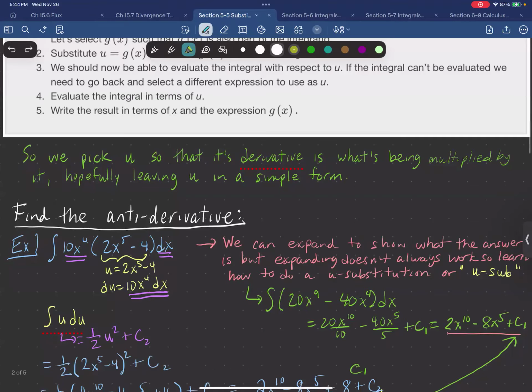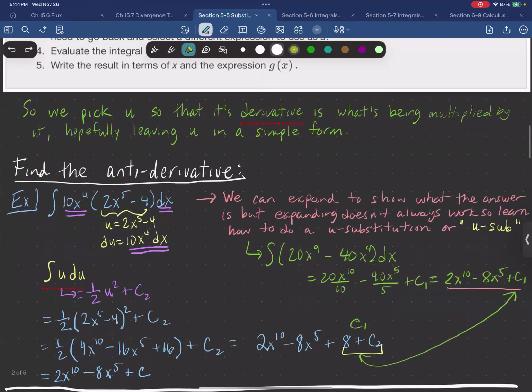If we expand out this one, we get the first number squared, we get the last number squared, and don't forget you got to multiply the middle two together twice. Let me write that out. Remember, that is 2x to the 5th minus 4 times 2x to the 5th minus 4. We get a minus 8x to the 5th and a minus 8x to the 5th. That gives us the minus 16x to the 5th right there.